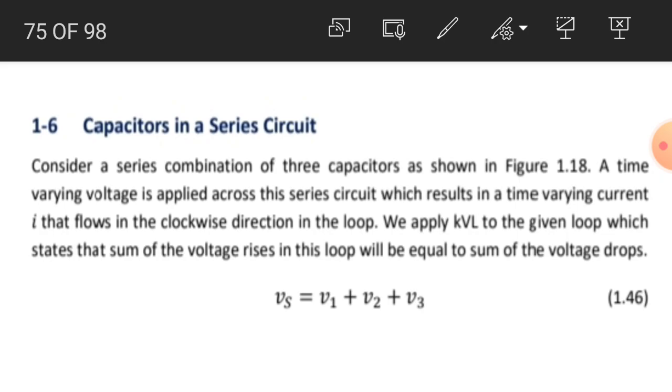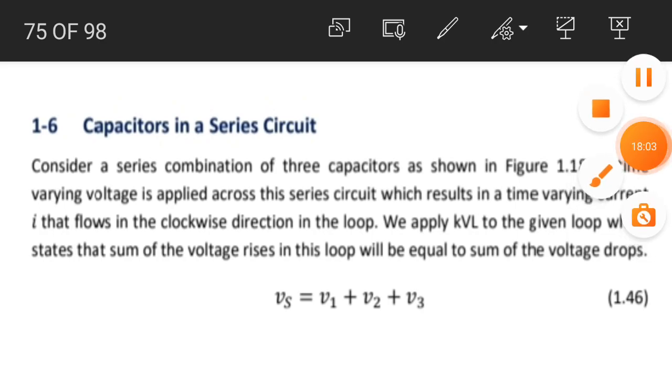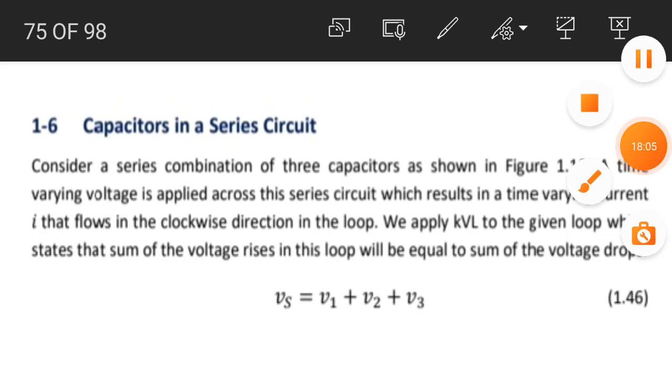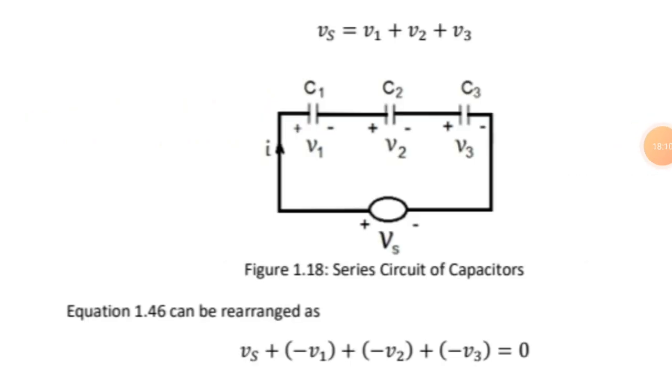We consider capacitors in a series circuit. We consider 3 capacitors in this series circuit: the capacitor C1, the capacitor C2 and the capacitor C3.